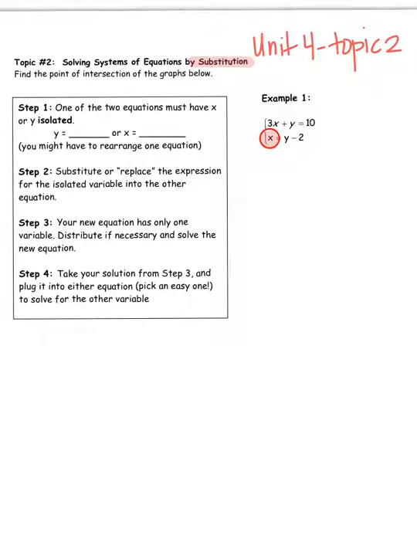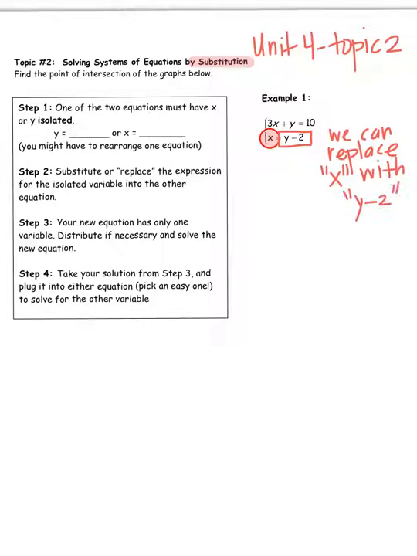Alright, so step 2 says substitute or replace the expression for the isolated variable into the other equation. So let's think about what that says. First, the important part is this isolated variable x. It says that x equals y minus 2, which means we can replace, I want you guys to write this, we can replace x with y minus 2.